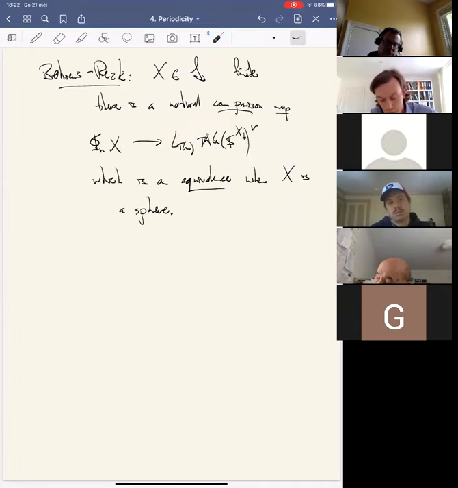And then to get the result that it's actually an equivalence in the limit of those towers, you need a convergence result. You need to know that the Bousfield-Kuhn functor commutes with the limit of the Goodwillie tower, which is okay when X is a sphere by this result of Arone and Mahowald. But in general, it's unclear when you can or cannot do that. The limiting procedure always works out on this side, by the way. This filtration on that side is always good.